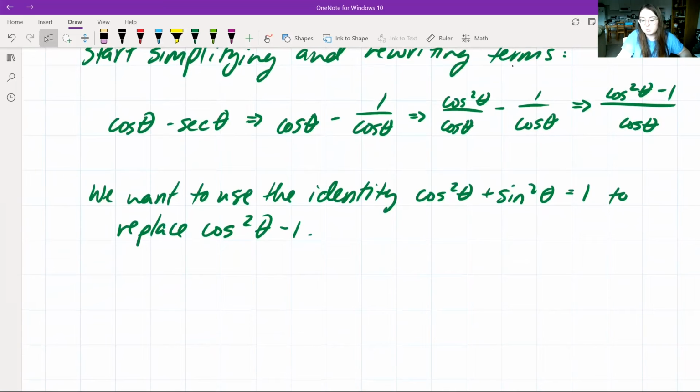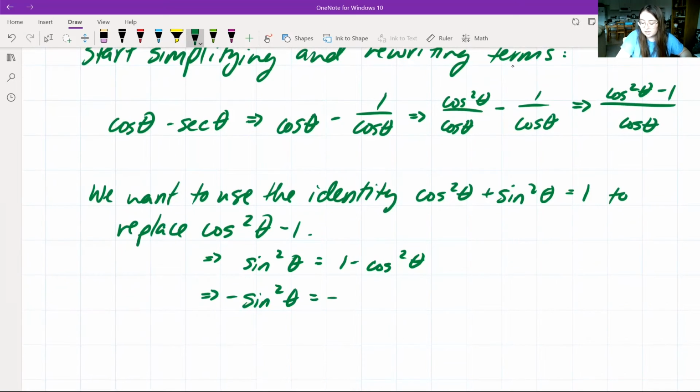So if we have cosine squared of theta minus 1, we can end up with a sine squared theta, but this is going to give us 1 minus cosine squared of theta, and we have cosine squared of theta minus 1. So if we just flip those terms, we can now say negative sine squared of theta.